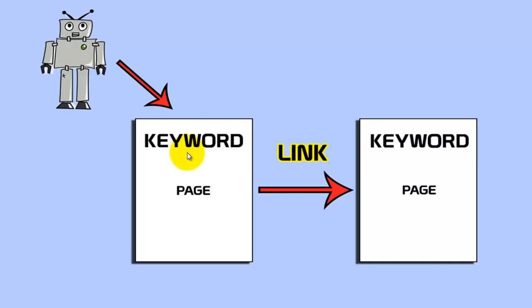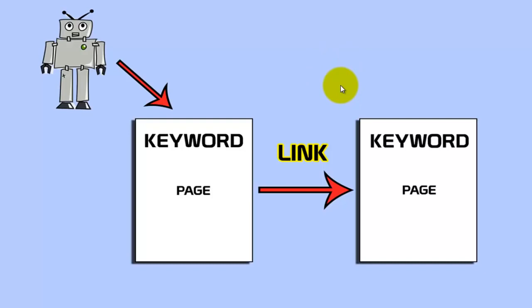Afterwards, what happens is they follow the links that you have inside of that website page. And many times this may be a link to another website page that you have inside of your site. Or for example, if in that website page you have a link to a Wikipedia page, what happens is the robot will follow that link, it will go to that Wikipedia page and basically perform the same action of analyzing that page content and see exactly what it talks about.